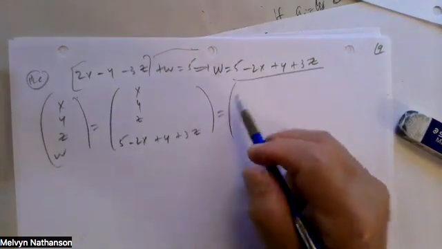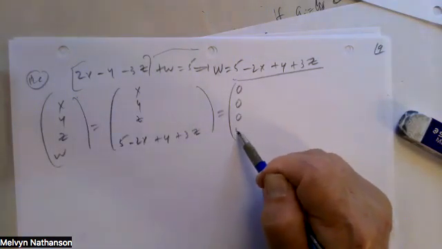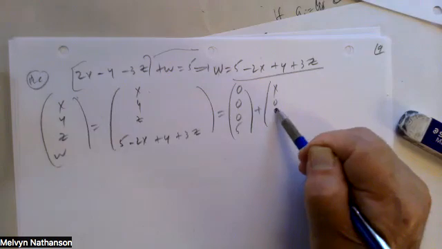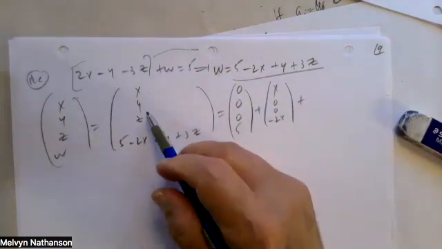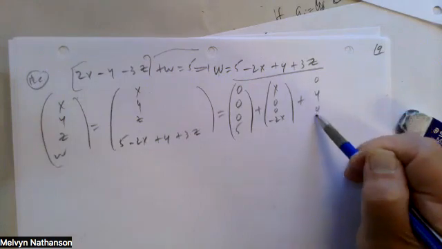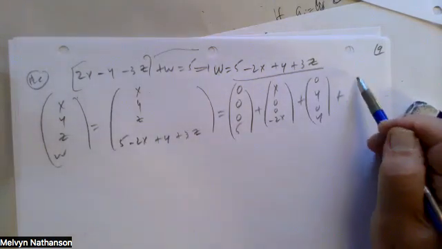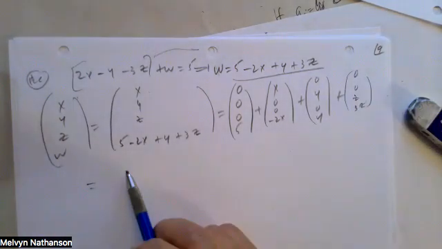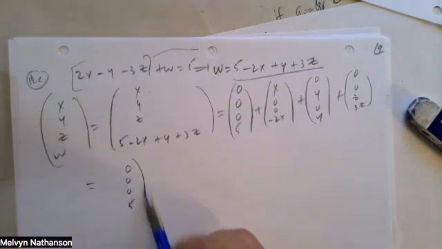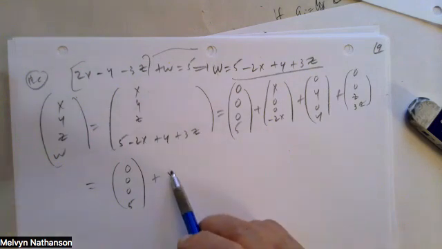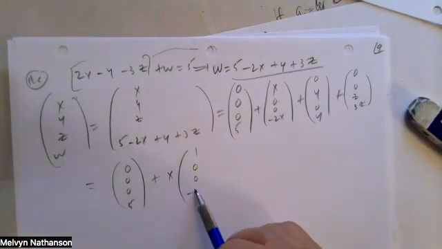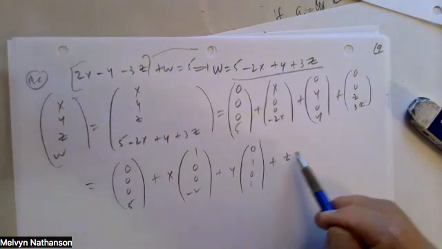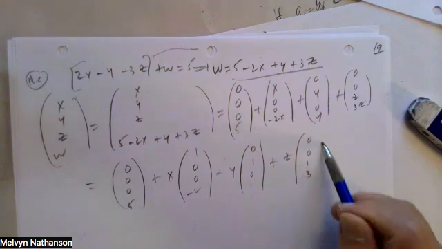And I can write this in vector form as 0, 0, 0, 5 plus x times the vector 1, 0, 0, minus 2 plus y times the vector 0, 1, 0, 1 plus z times the vector 0, 0, 1, 3.